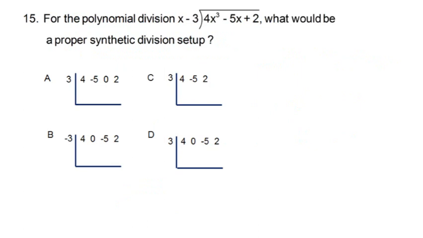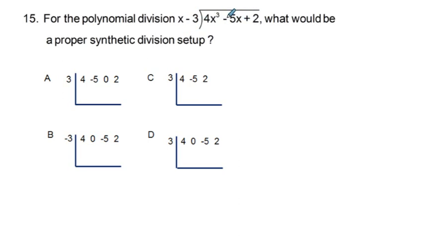Now the other section is one I added on to this test, where we were studying synthetic and polynomial division. For polynomial division, the divisor x minus 3 is dividing the dividend 4x cubed minus 5x plus 2. What would be the proper synthetic division setup?